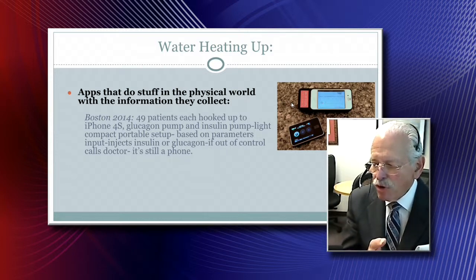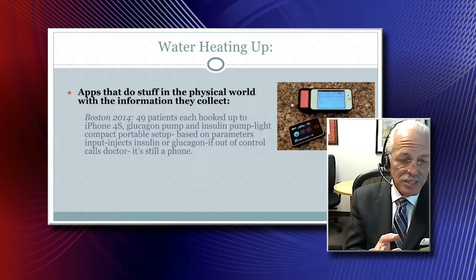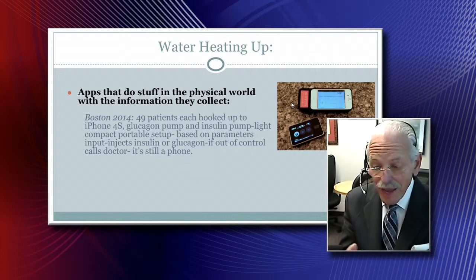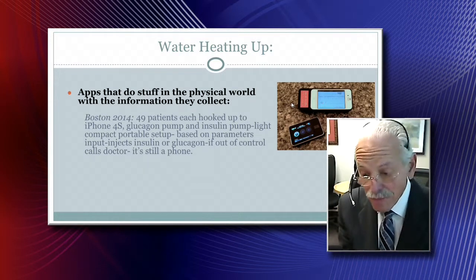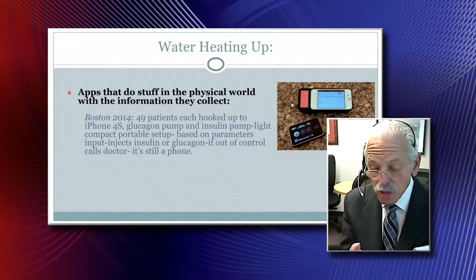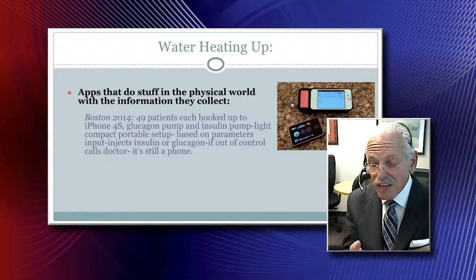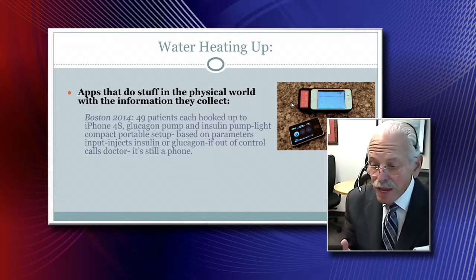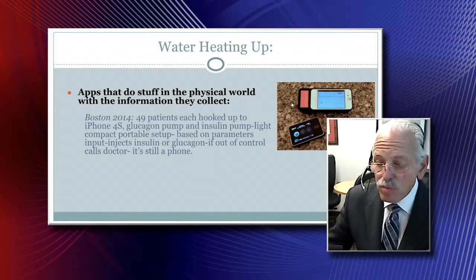The iPhone 4S acts as the brain for the artificial pancreas that's created by the glucagon pump and the insulin pump. And not only does it take care of the blood sugar, but if it can't take care of the blood sugar and it runs into trouble, it calls for help. It calls the ER, it could send an ambulance because it's still an iPhone. So this is a major change, and it's indicative of what we're going to be seeing as we move forward.